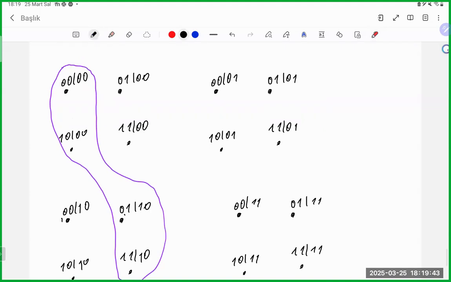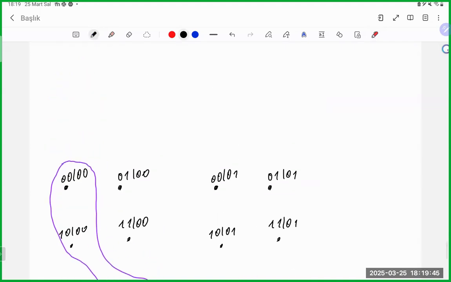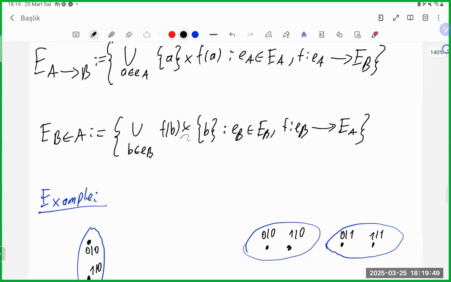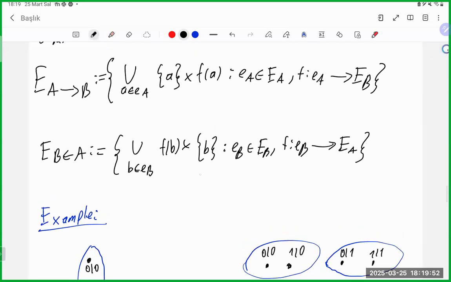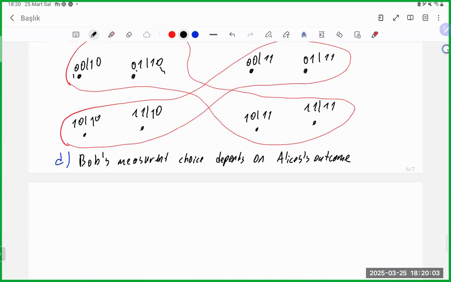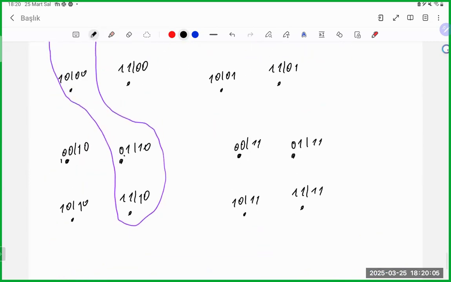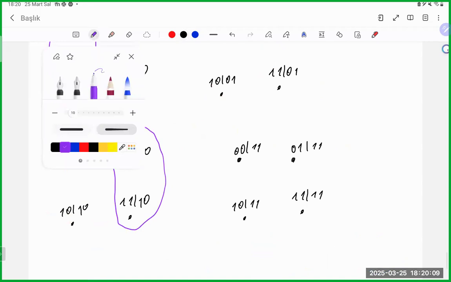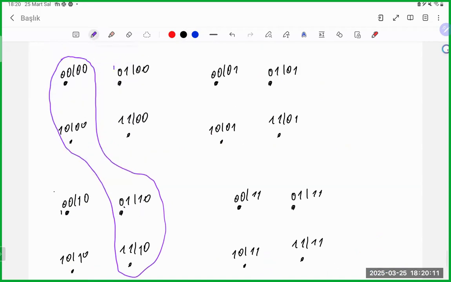So it is the function: if b is 0, then fb is the zero edge, and if b is 1, fb is 1, for Bob's zero measurement. And this is the converse.